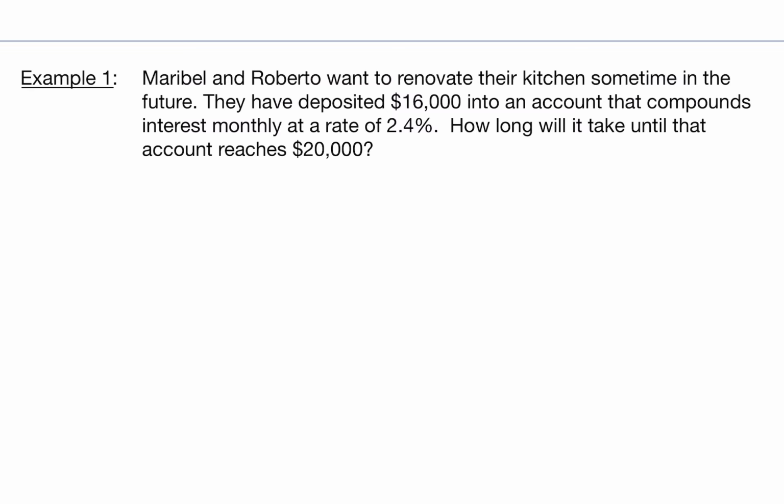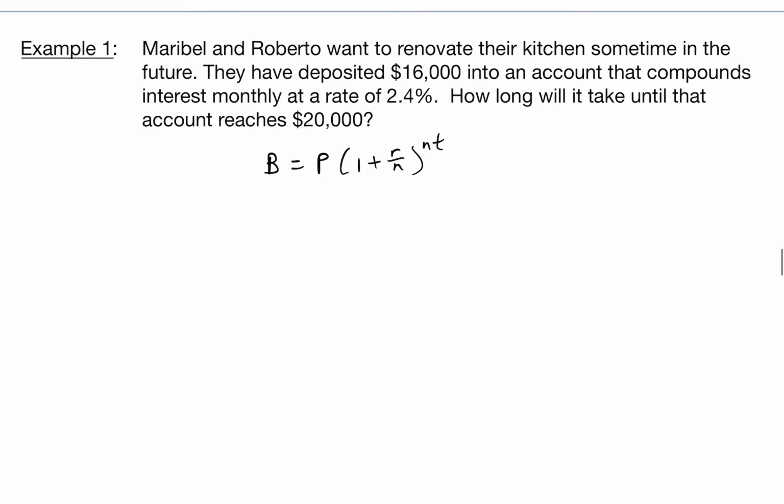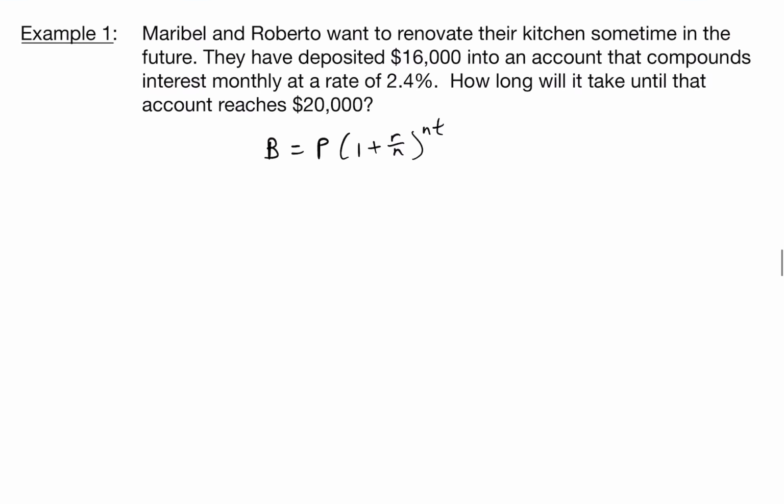Let's start with the equation that we know, which is B is equal to P times 1 plus r over n to the nt power. We know this from the previous lesson. Let's just plug in the values that we know. We want to get to 20,000, and the initial deposit is 16,000.